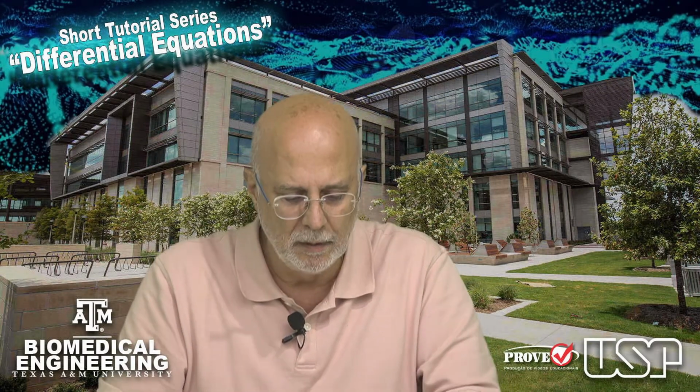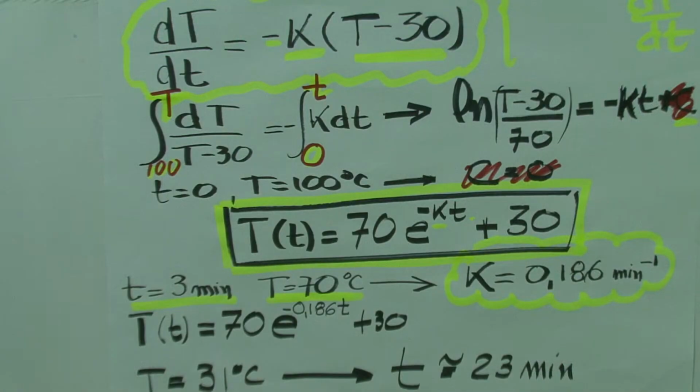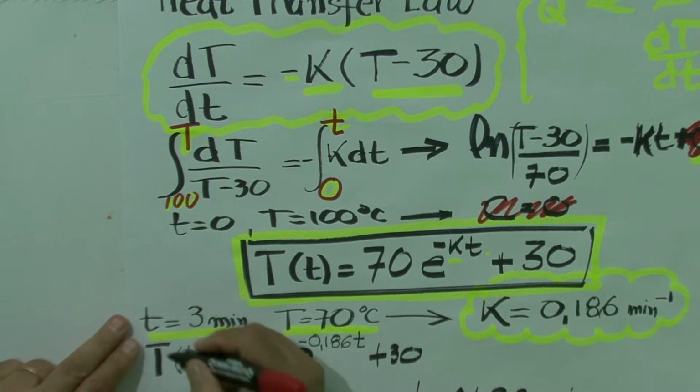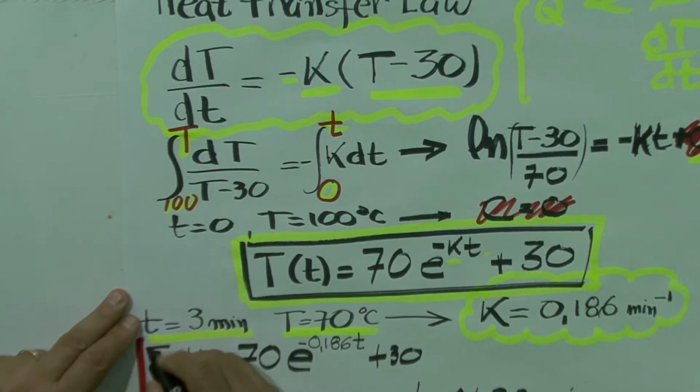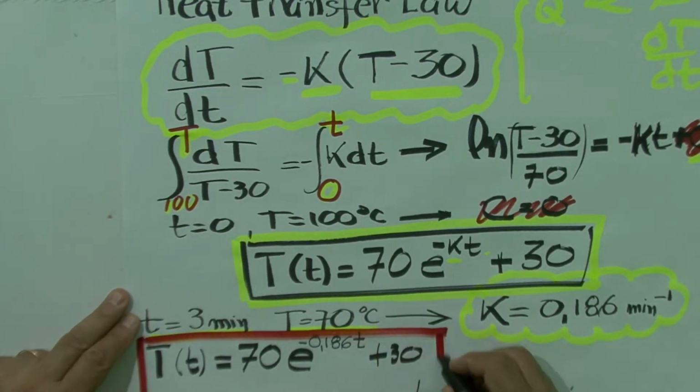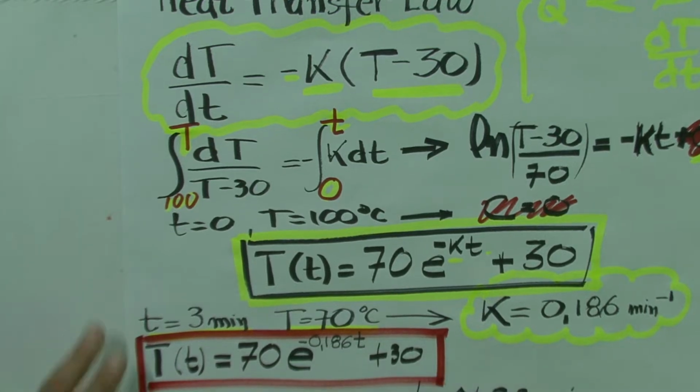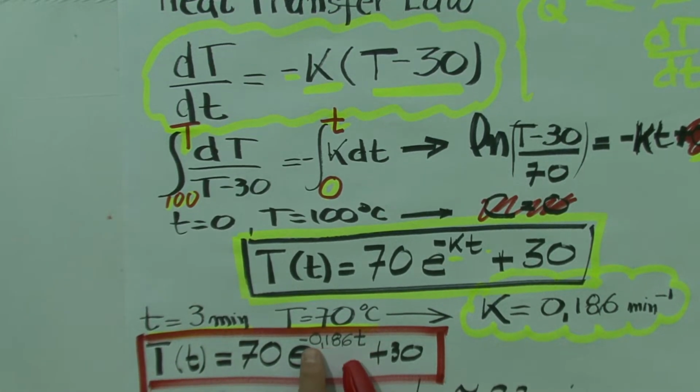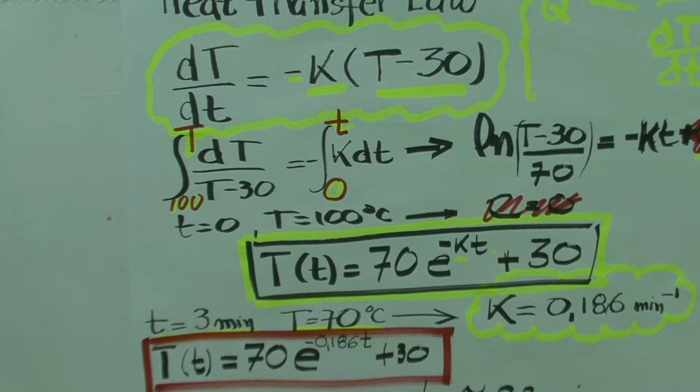Right? Therefore, the overall solution, now ready to highlight, right, is that the temperature is given at any moment as 70 times an exponential with exponent minus 0.186 t, with t expressed in minutes, plus 30.